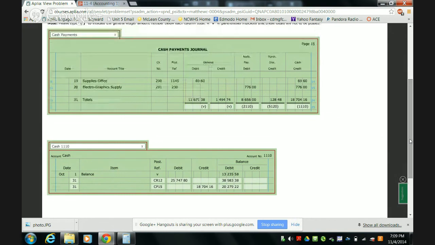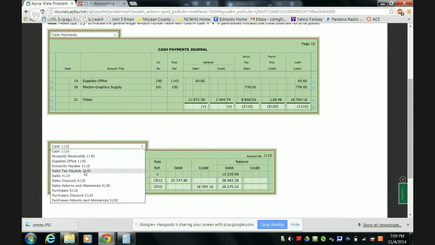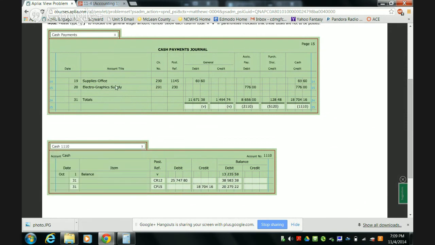So once again, just as a quick reminder, all of these individual transactions to Electrographic Supplies and Supplies office here have already been posted to their specific ledgers, right? All of you have already done that in 11, 1, 2, and 3. So all we're doing here is posting our totals.